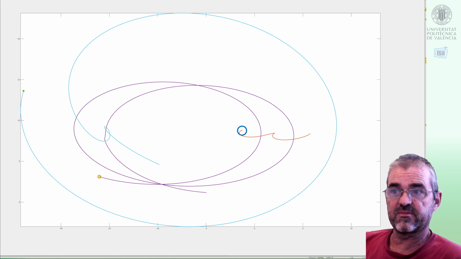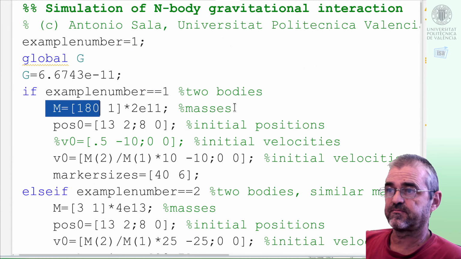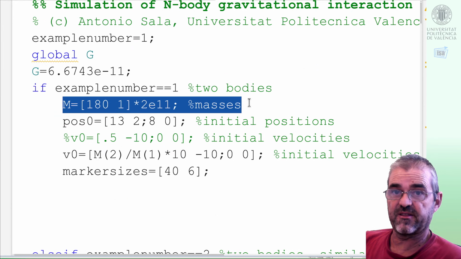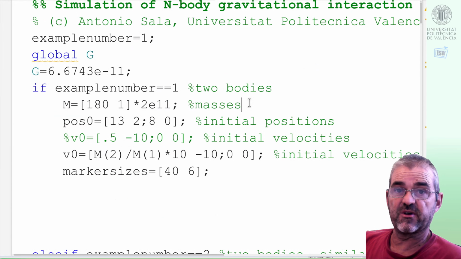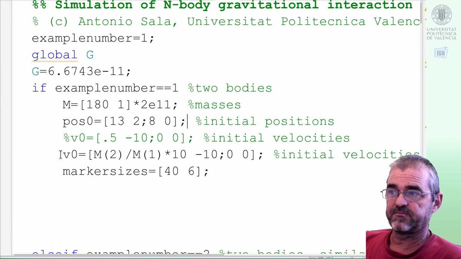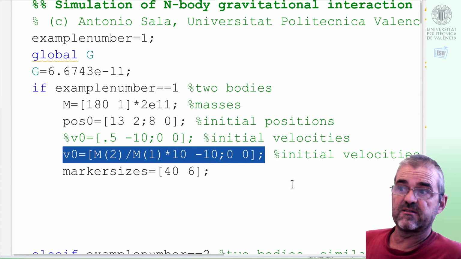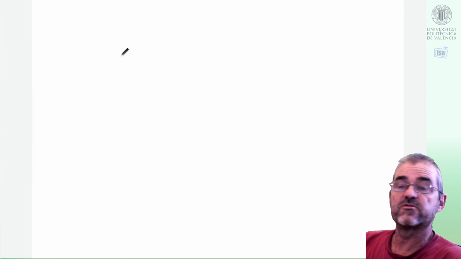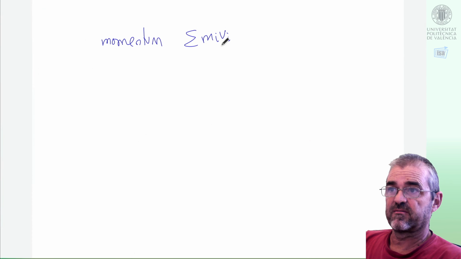We'll start with the 2-body setup, like Sun and Earth, in which one of the bodies is almost 200 times heavier than the other one. So basically the light body will orbit around the heavy one. We'll put here some initial positions, and we can put any arbitrary initial velocity, but in this case I will put velocities like this so that the barycenter doesn't move, in the sense that momentum, sum of mass times velocity, is conserved.